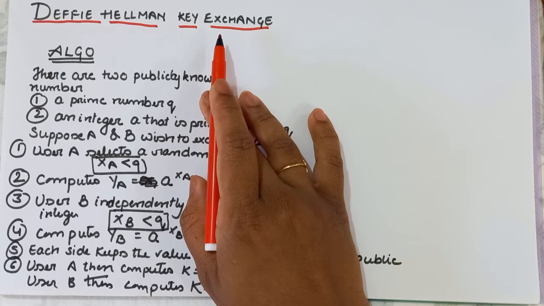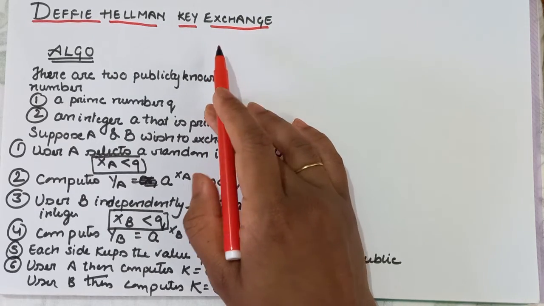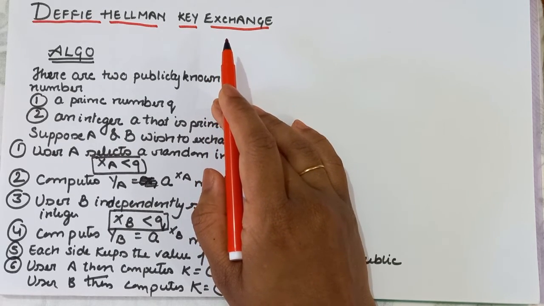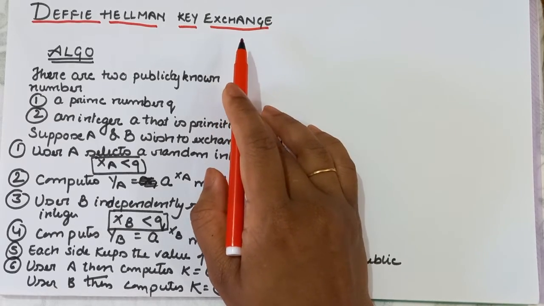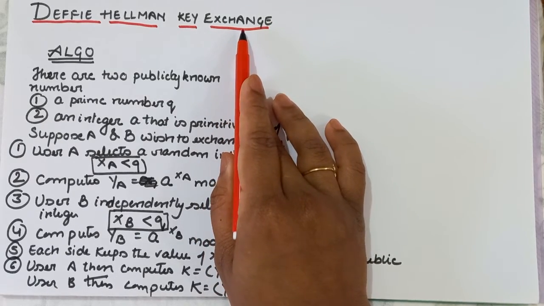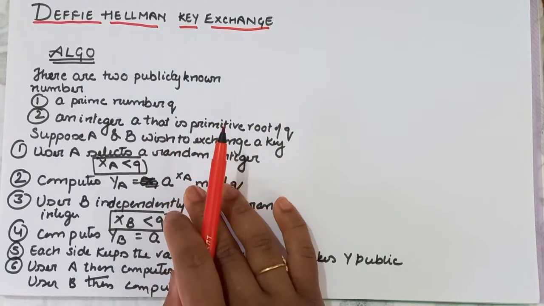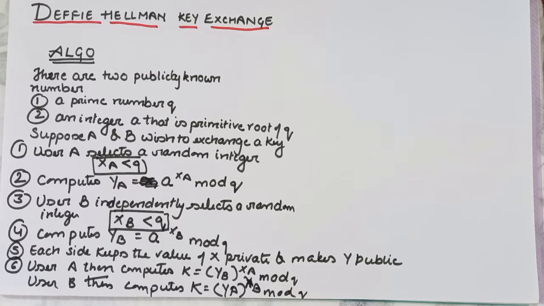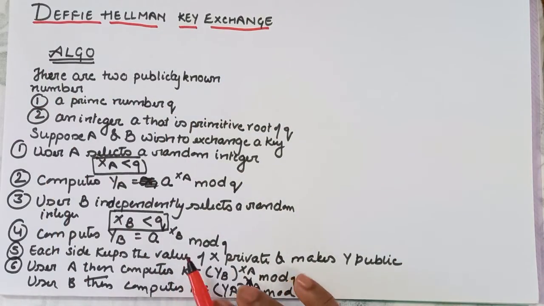I just told you that discrete logs will be used in Diffie-Hellman exchange. So the more difficult the discrete log is, the more effective the Diffie-Hellman key exchange will be.